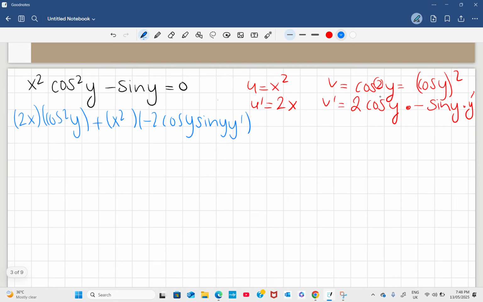Why did I put negative here? Because negative sine y, minus cosine y prime. Okay, now this cosine y prime is the derivative of sine y here. Okay, now let me see, 2x cosine squared y.